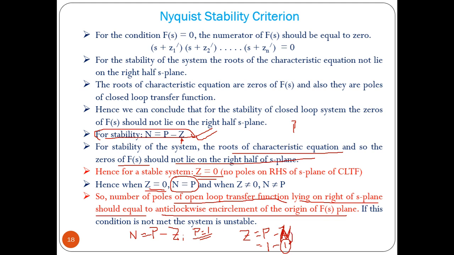N should be 1 means the encirclement of the minus 1 point should be in the anti-clockwise direction.